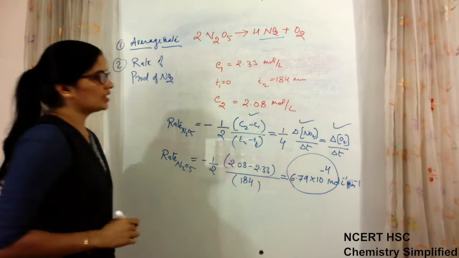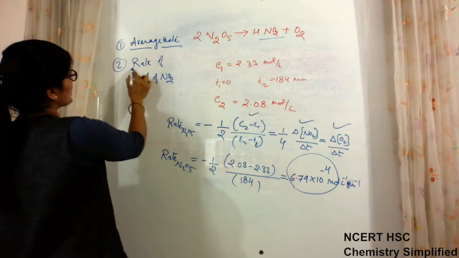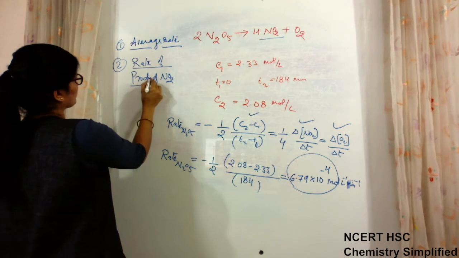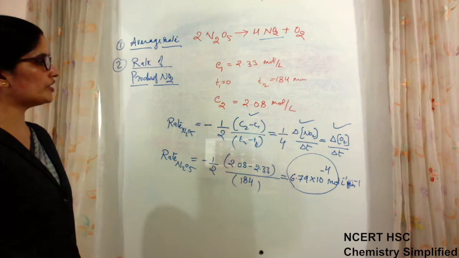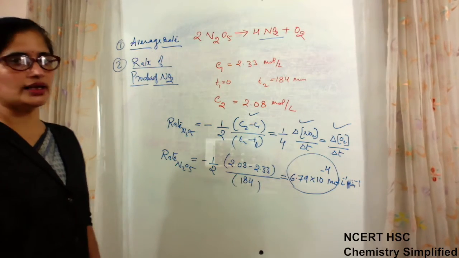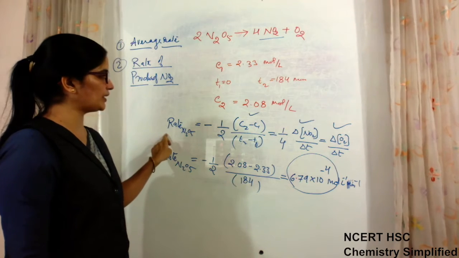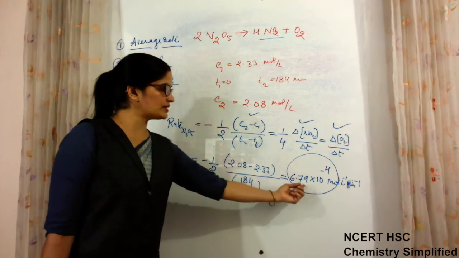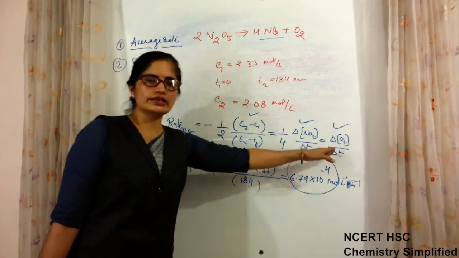Now the second part of the question is asking, what is the rate of production of NO2? With what rate will NO2 be produced? I told you that if we know one value, the rate of disappearance, which is 6.79 into 10 to the power minus 4, we can find out this value as well as this value.